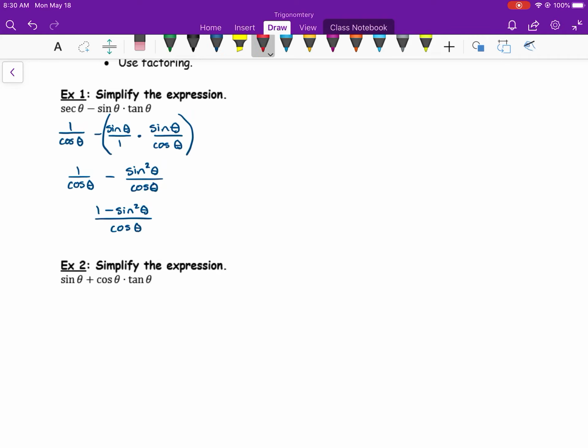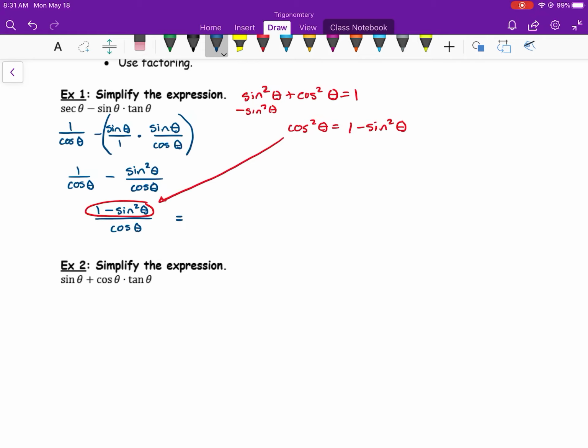All right, so I'm going to use a Pythagorean identity here. On the top, sine squared of theta plus cosine squared of theta is equal to 1. So if I minus sine squared of theta, I'm going to get cosine squared of theta is equal to 1 minus sine squared of theta, which so happens to be right there.